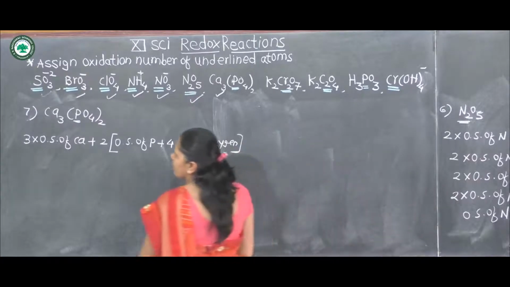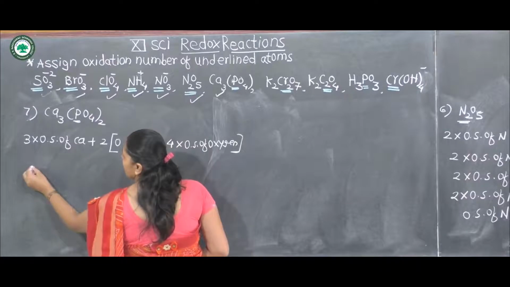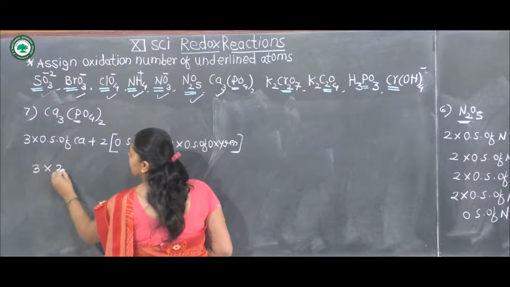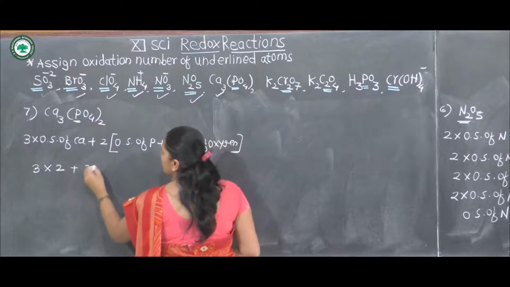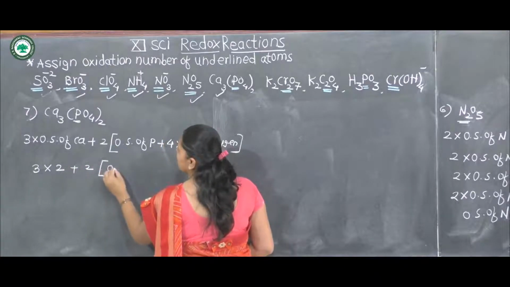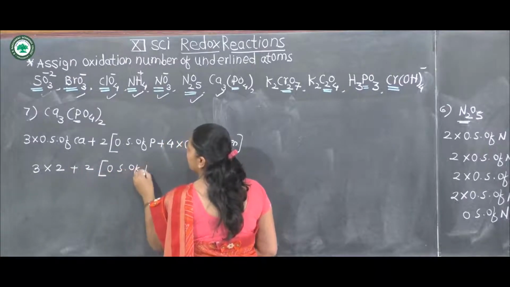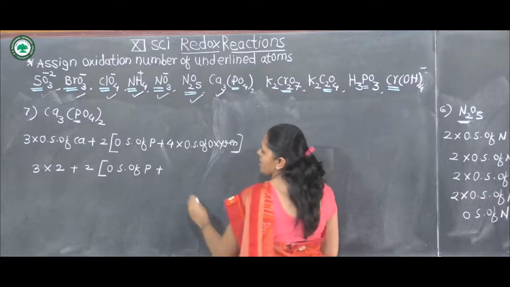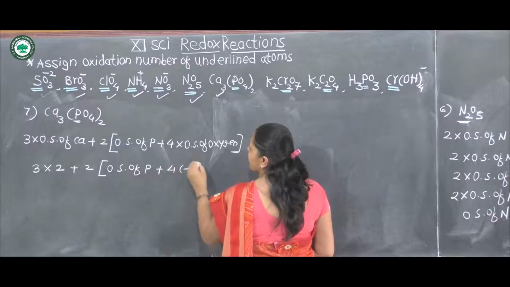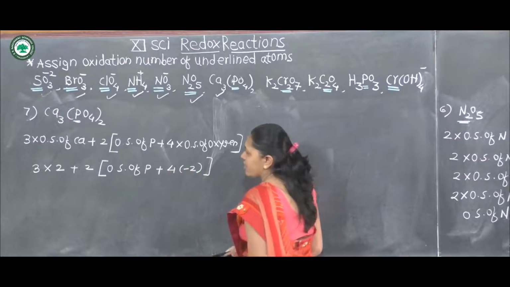We know that oxidation state of calcium is +2, 3 multiplied by 2 because it is an alkaline earth metal, plus 2 multiplied by oxidation state of phosphorus, which we have to calculate, plus we know that oxygen shows -2 oxidation state, therefore 4 multiplied by -2, bracket complete.